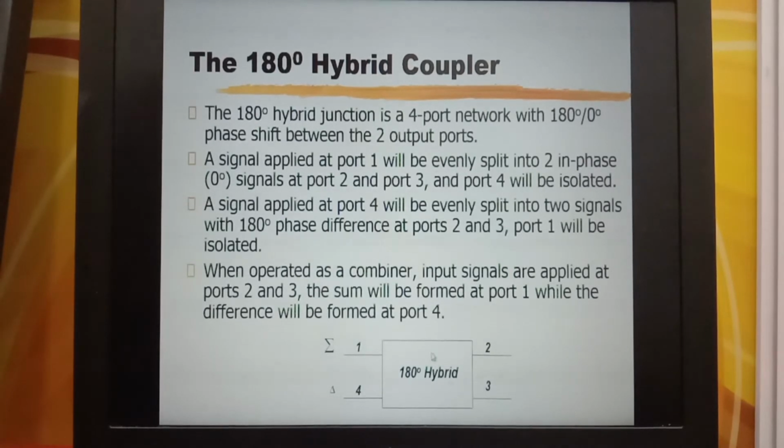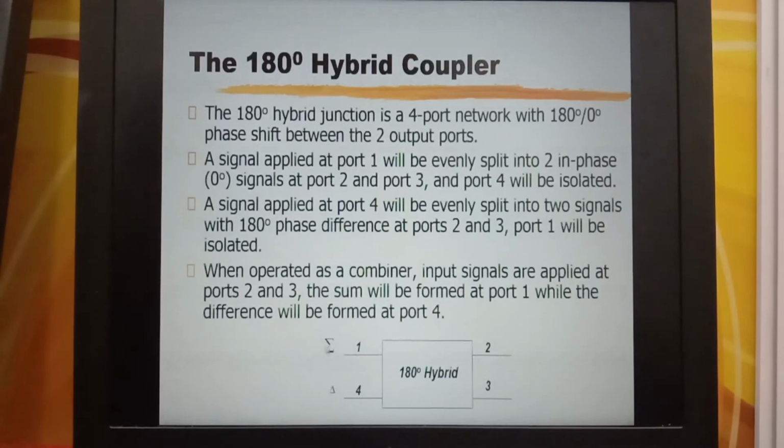So this kind of 180-degree hybrid is very useful to combine two signals. If we apply two different signals to port 2 and port 3, the output at port 1 will be the sum of the two signals, and the output at port 4 will be the difference between the signal at port 2 and the signal at port 3.